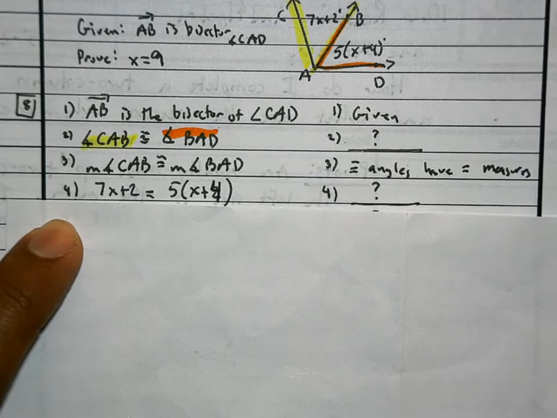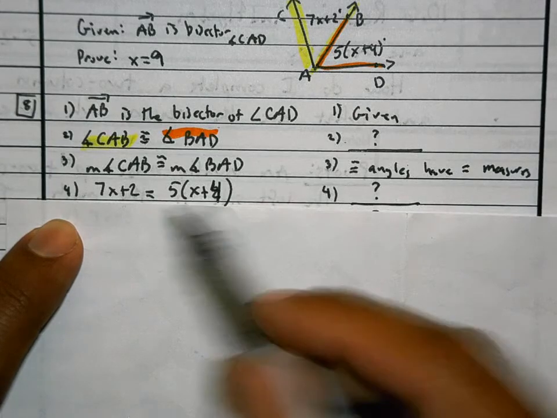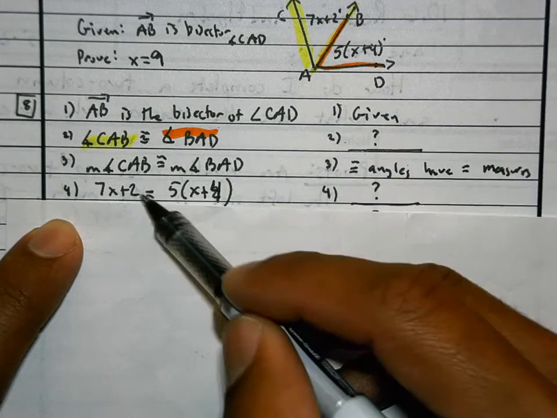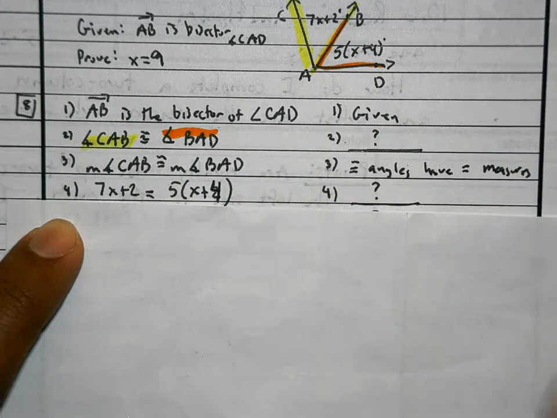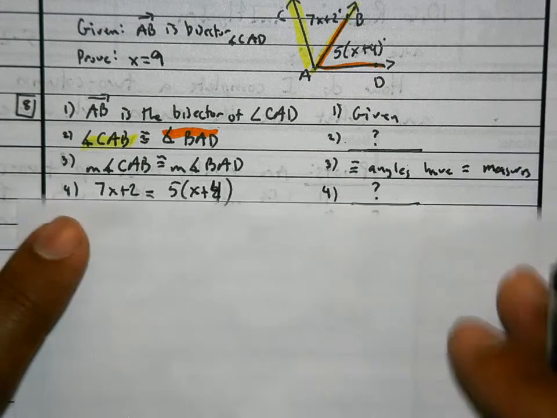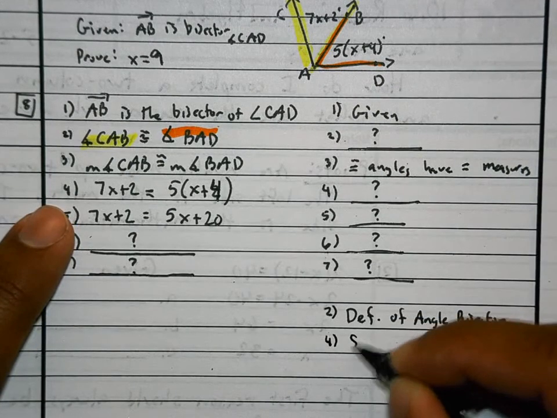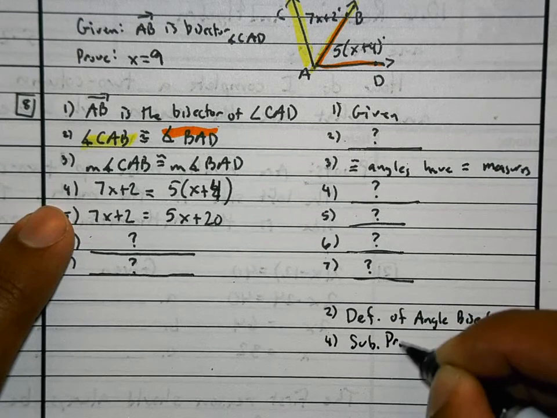Substitution. There we go. Connor says it. It is the substitution property, because we're substituting in 7x plus 2 for the measure of angle CAB. So for number 4, the reason is the substitution property of equality.